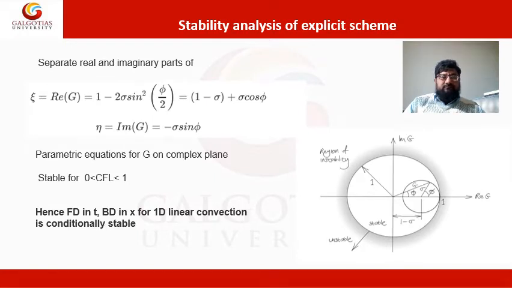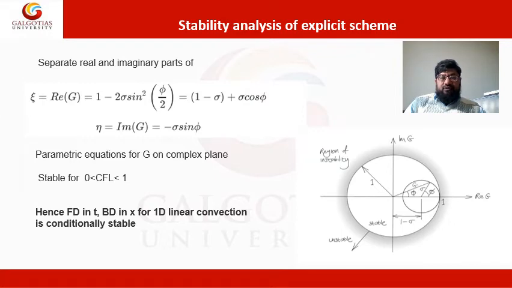So separating the real and imaginary parts, the real part of the amplification factor will be 1 minus sigma plus sigma cos phi, and the imaginary part will be minus sigma sin phi. If you plot G in a complex plane, it will look like the small circle, and the big circle is the unit circle, which is the criterion for stability.